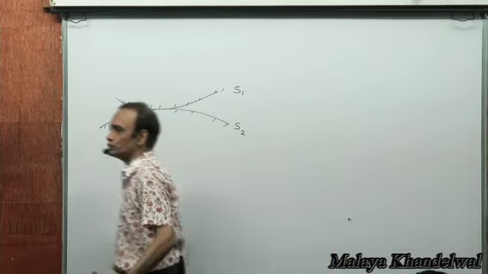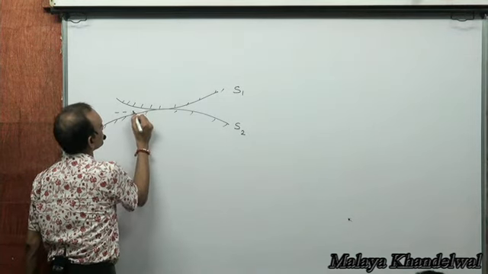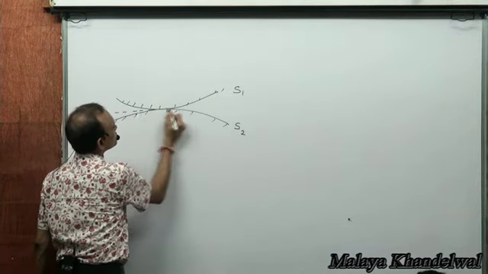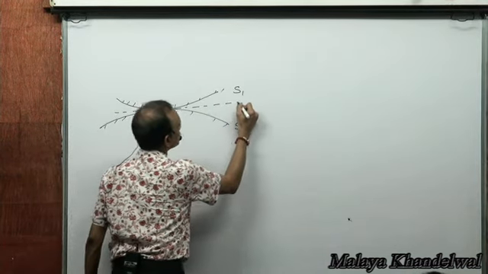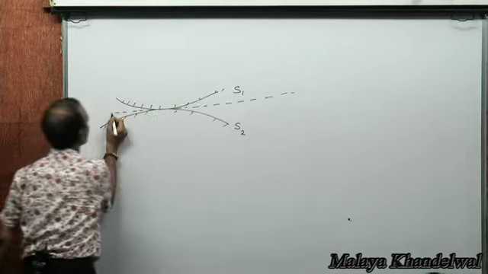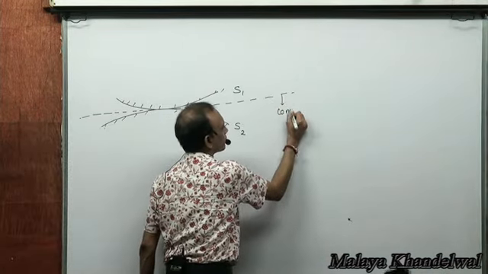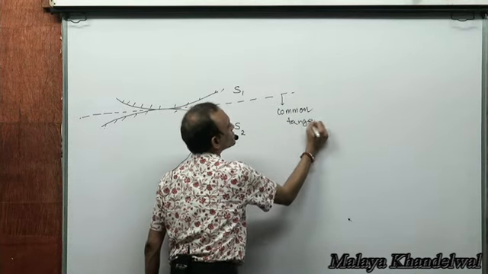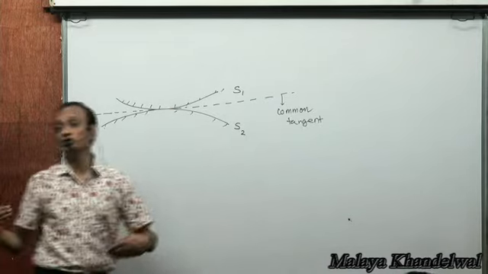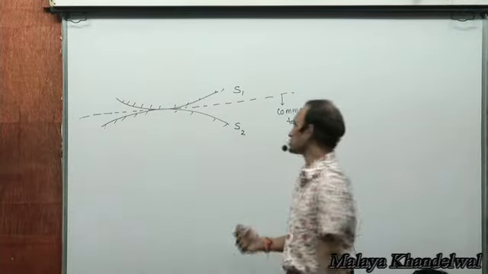And like I mentioned to you, there is a direction which is along the common tangent direction. This is the common tangent to the two surfaces, right? It's called the tangential direction or the parallel direction.